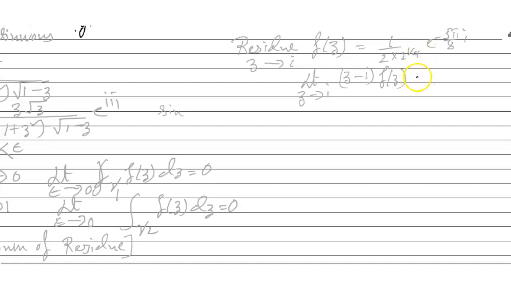You can get this value. After that, the residue at z tends to minus i, we get 1 by 2 to the power 1 by 4 e to the power minus 3 pi by 8 i.